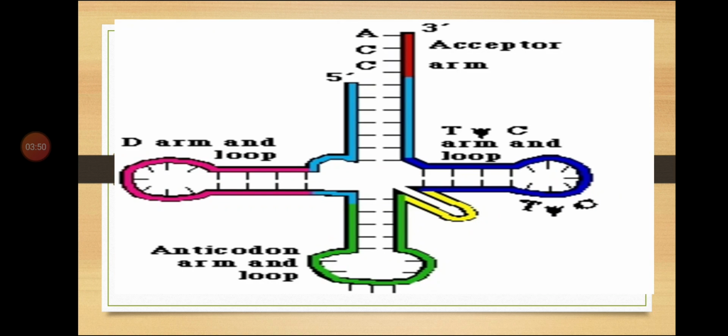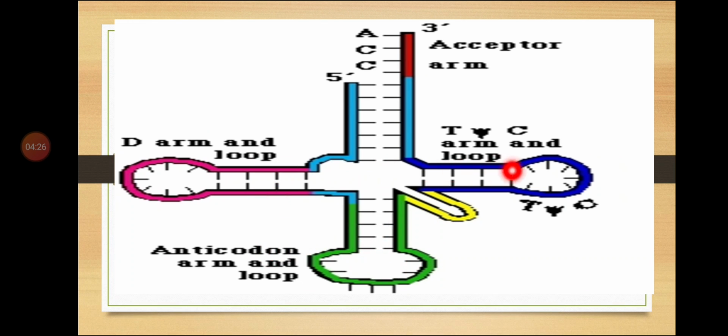See here, it has 3 arms. You can see here, this is the first, second and third. This arm is known as the DHU arm, and it has the DHU loop. On the other side, this arm is known as the T-Psi-C arm, and this loop is known as the T-Psi-C loop. The third arm is the anticodon arm, and the corresponding loop is the anticodon loop.